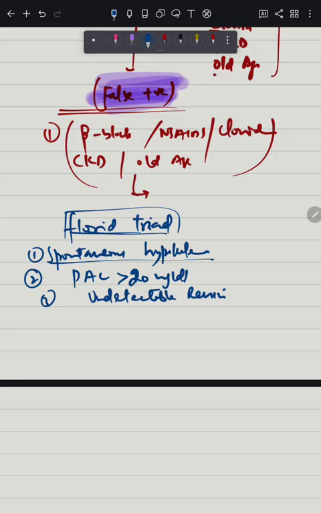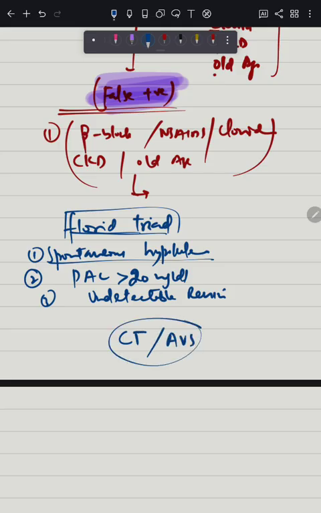Many guidelines allow proceeding without a suppression test, straight to subtyping. So you do not have to go for a suppression test, that is confirmatory testing. You just go straight to subtyping with CT and adrenal venous sampling.